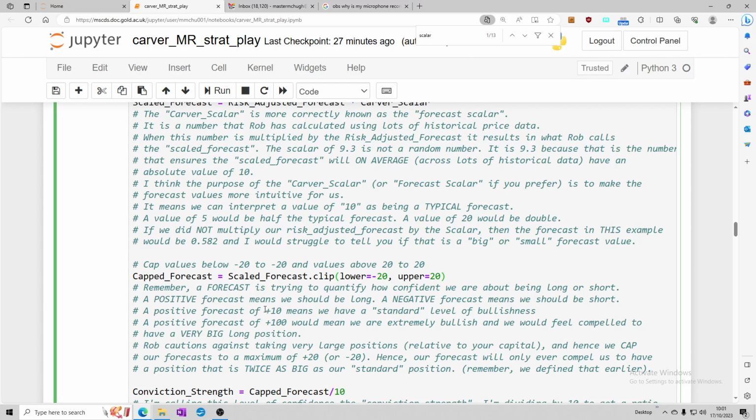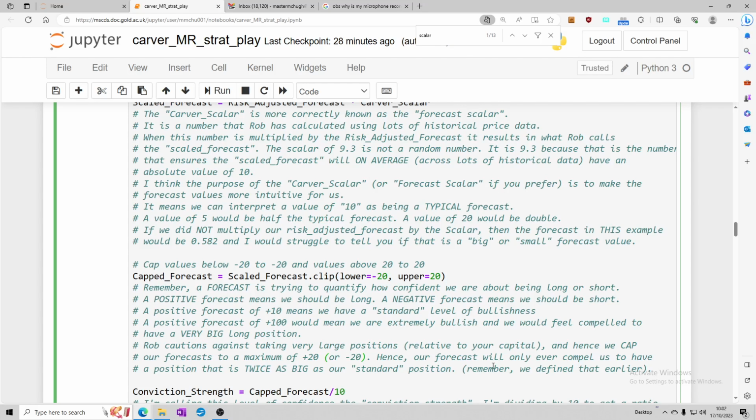A positive forecast of +10 means we have a standard level of bullishness. A positive forecast of +100 would mean we are extremely bullish, and we would feel compelled to have a very big long position. Rob cautions against taking very large positions relative to your capital, and hence we cap our forecast to a maximum of +20 or -20.